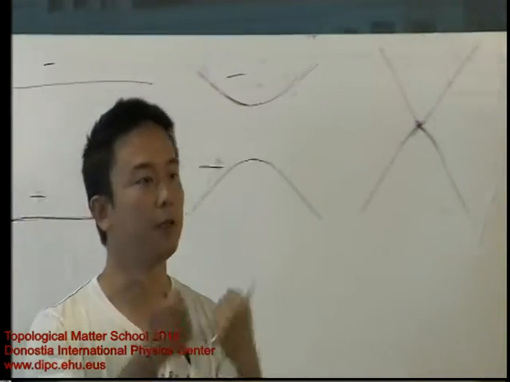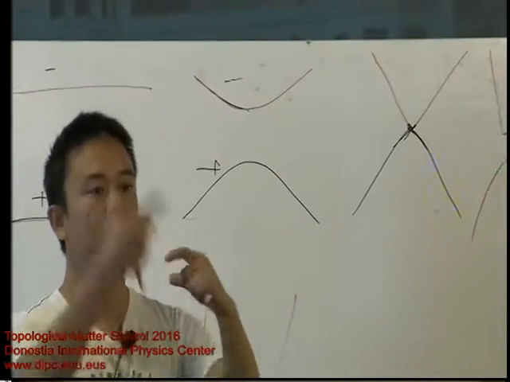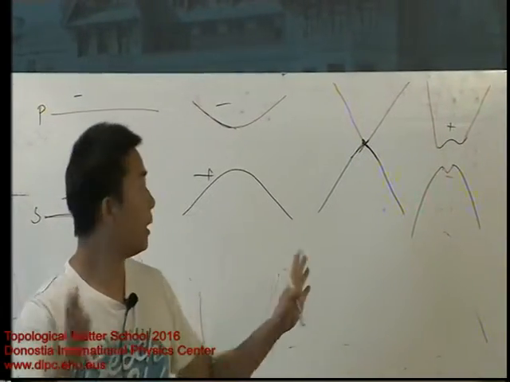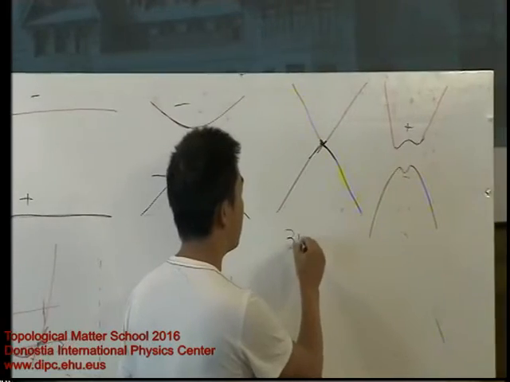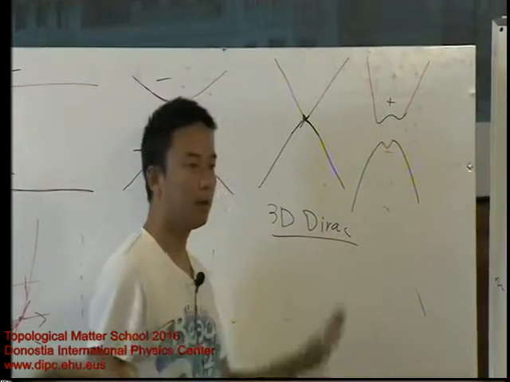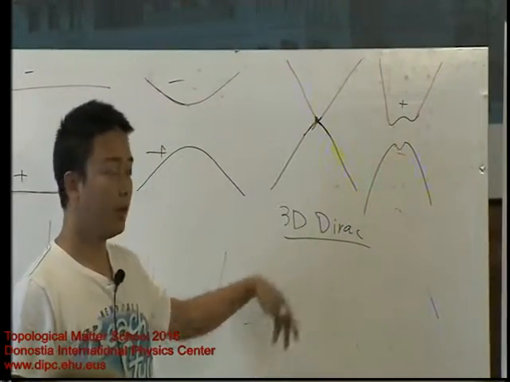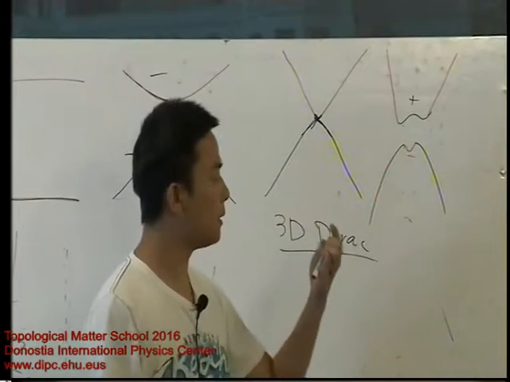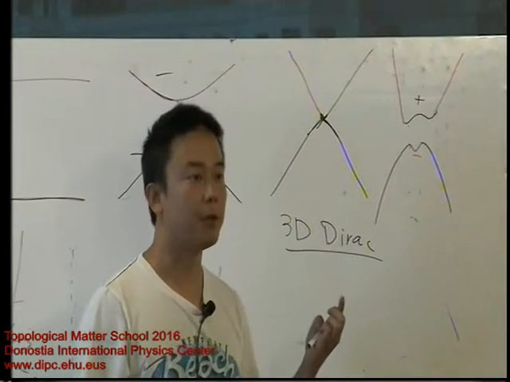Graphene is 2D, you have Kx, Ky, and they are linear. Now you have X, Y, Z, going in every direction, they are linear. It's a three-dimensional Dirac point. This critical point, in this special case, people call a three-dimensional Dirac semi-metal.